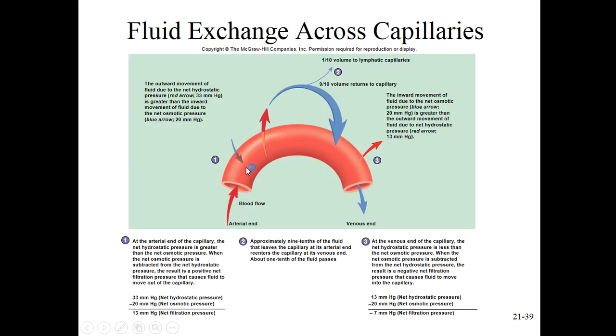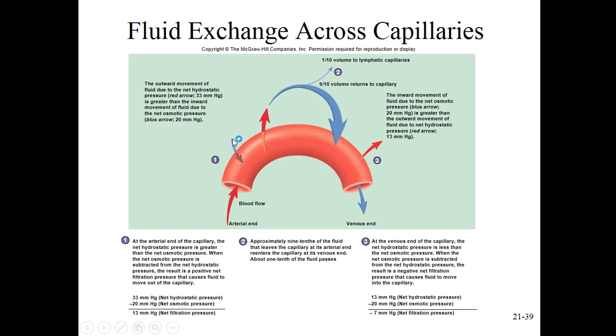Remember albumin? Albumin likes water. Albumin is too big to get squeezed out into the tissue. And so it ends up creating what we call an osmotic pressure. Osmosis is sucking water into the blood vessel.